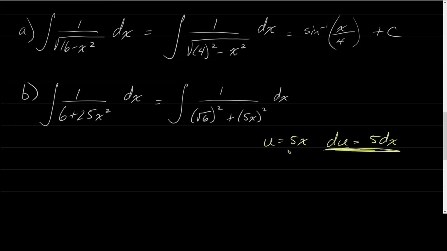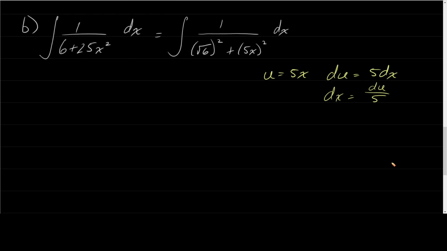So since u is equal to 5x, then du is equal to 5 dx, right? Now what I can do essentially is just treat this as a u substitution where dx is going to be equal to du over 5, right? At that point, we can rewrite this integral as the integral of 1 over the square root of 6 squared, with the square root of 6 still there. This 5x, that's our u, so I have plus u squared.